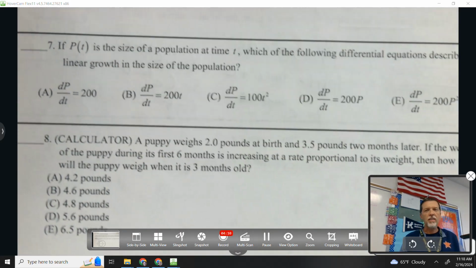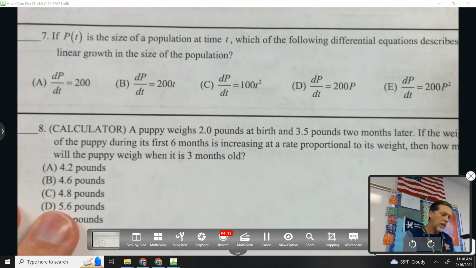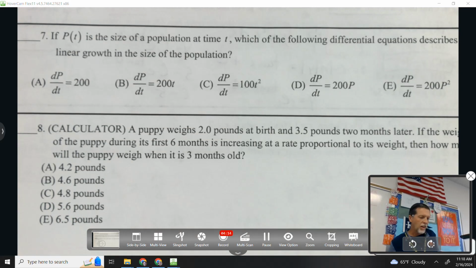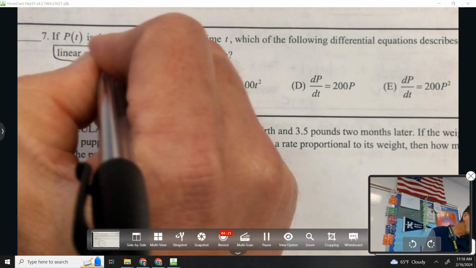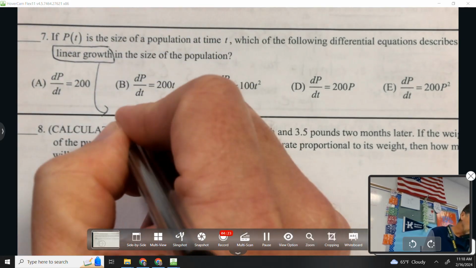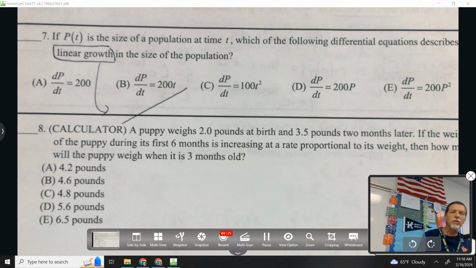Number 7. Oh, we hit this one yesterday. P of t is the size of a population. Which of the following differential equations describes linear growth? Okay, linear growth. I know what linear growth looks like. What does linear growth mean in terms of slope? Constant slope.